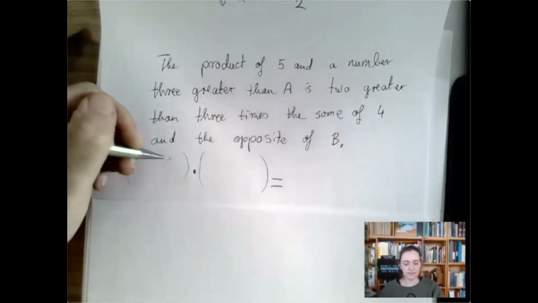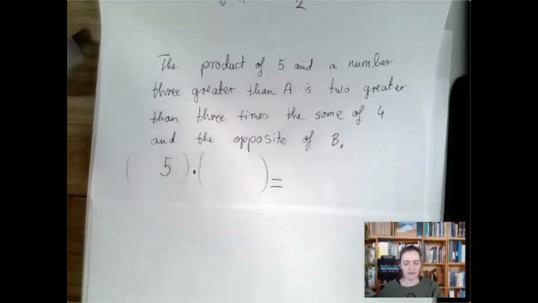So one of the things we multiply is 5. And what is the other thing we're multiplying? It's after the word 5 and before the word is. Translate that into algebra. You knew that like half an hour ago. A number 3 greater than a. Are you seriously telling me you don't know?